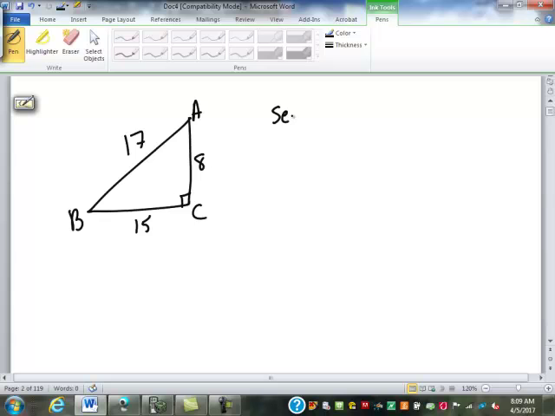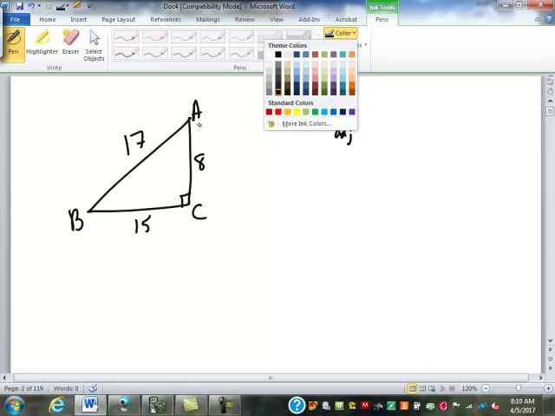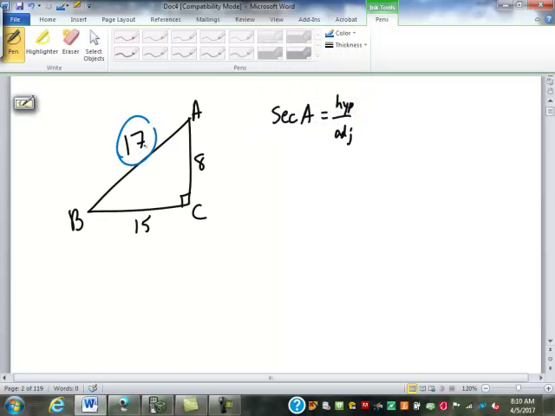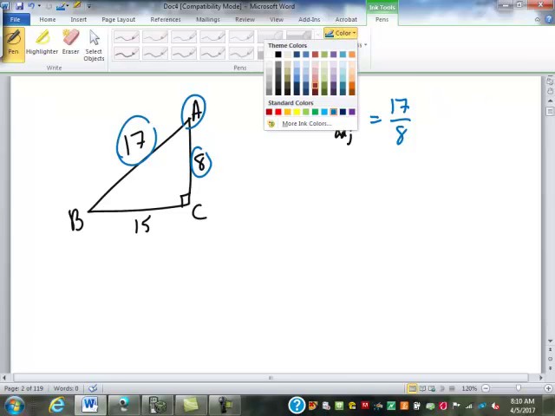If I ask you to find the secant of angle A, remember secant is hypotenuse over adjacent. So the hypotenuse here is always going to be 17. For angle A, the adjacent side is going to be 8. So that's going to be 17 over 8. And you can just leave it as that fraction if you want to. It's actually easier to leave it that way.